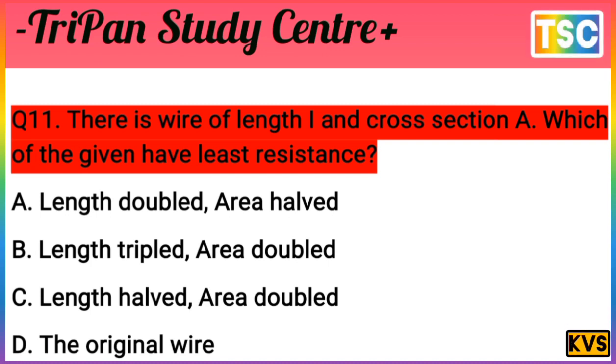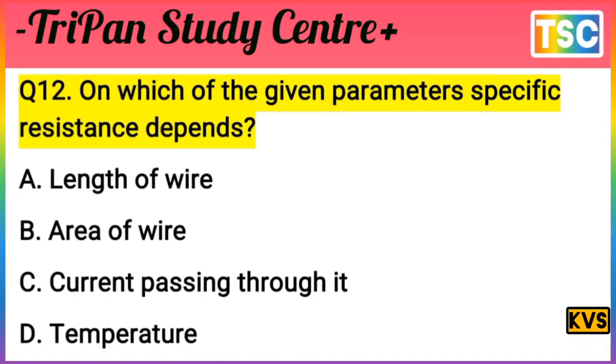Let's see the next question. The next question arrives here: on which of the given parameters does specific resistance depend? That's an important question. The options: A, length of wire; B, area of wire; C, current passing through it; and D, temperature.